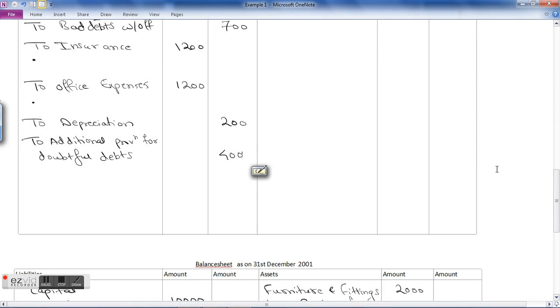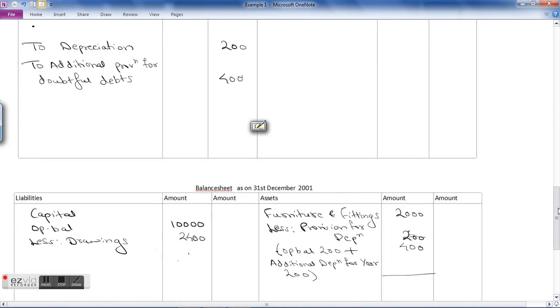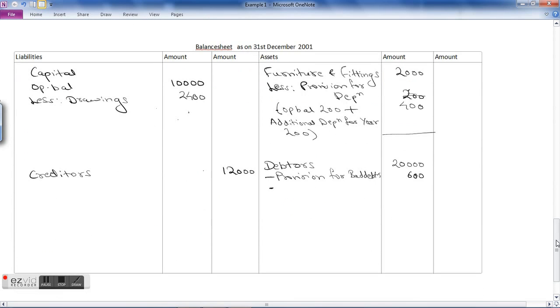Then the second effect will be that your provision for bad debts, which had a 600 balance, will get increased by 400. 600 plus additional provision 400, so that will make it 1000 provision for doubtful debts.